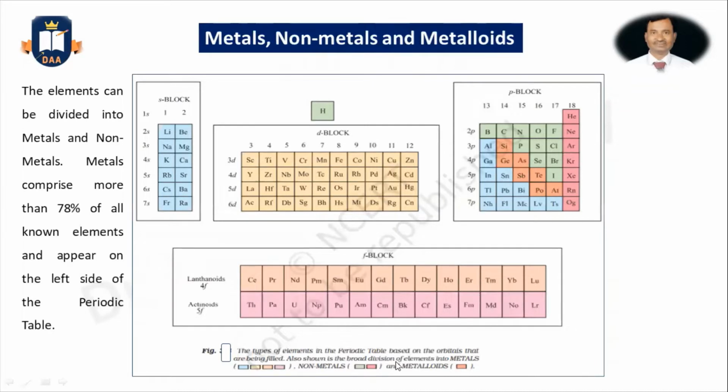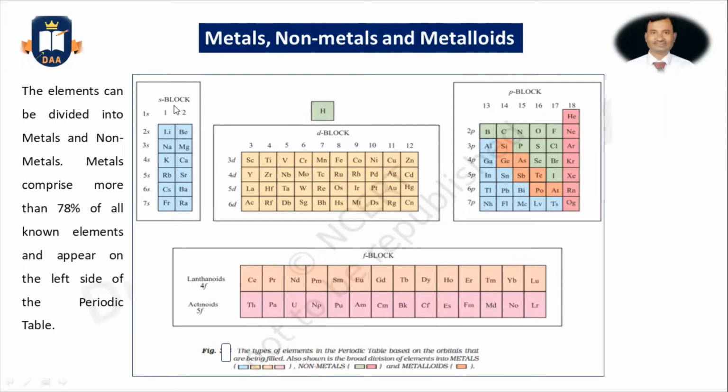This is the periodic table, and the elements can be divided into metals and nonmetals. Metals comprise more than 78% of all known elements, and they appear on the left side of the periodic table.